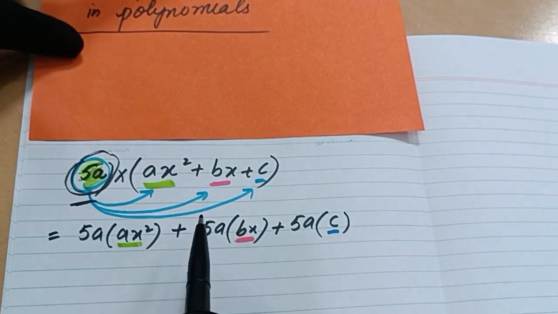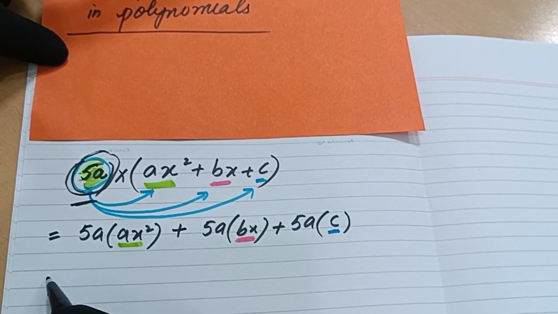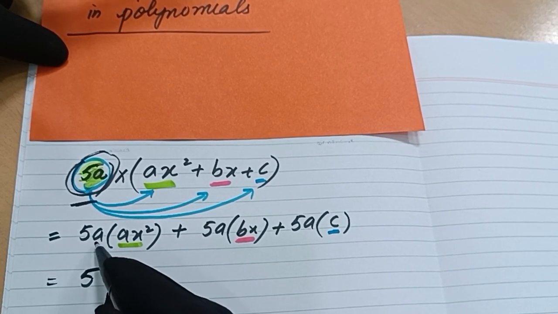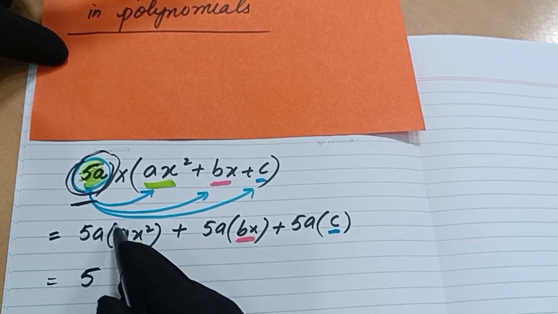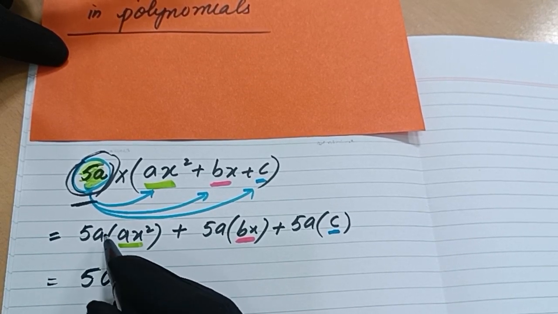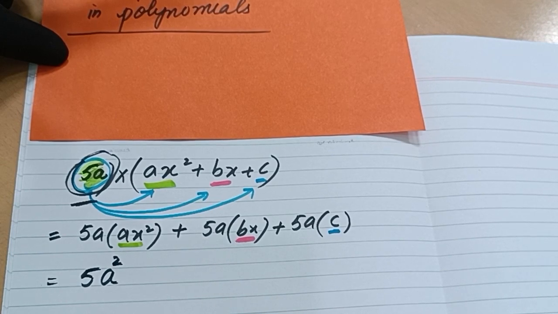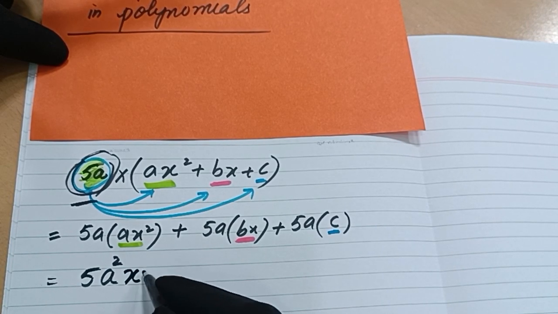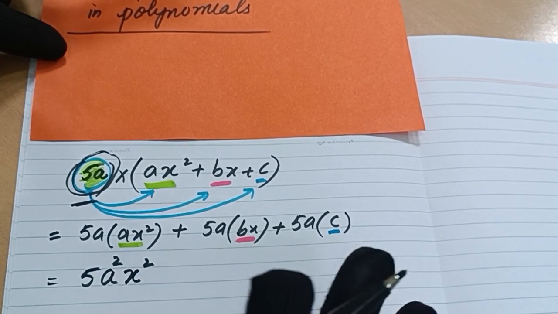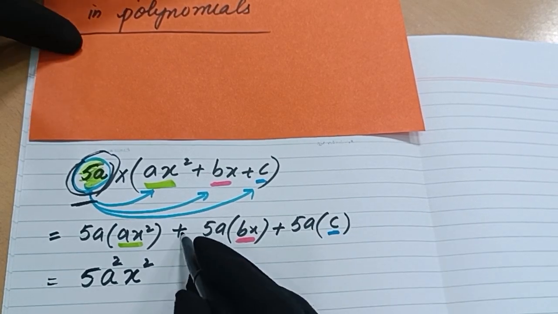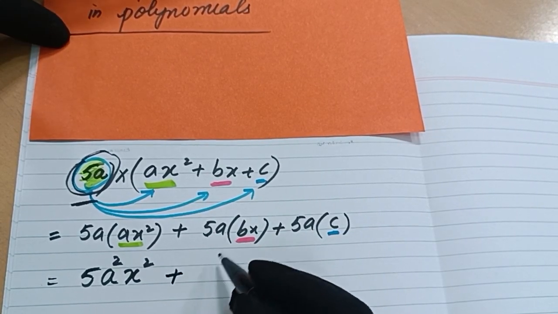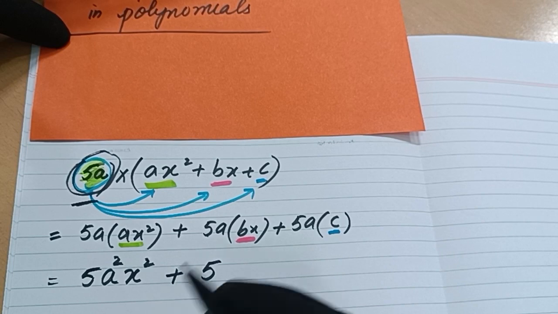We will continue like 5, there is no other number, 5. A times A, because A is the same, so their exponents 1 and 1 added up will give you 1 plus 1, 2. X square is only a single term, it will remain as it is, no multiplication with any other term. Plus 5, only one number, 5.